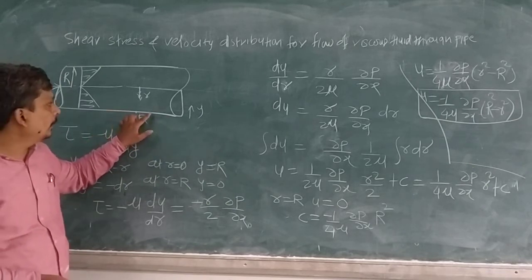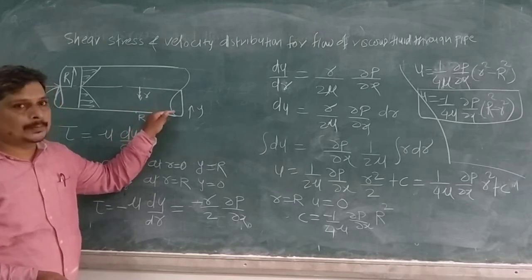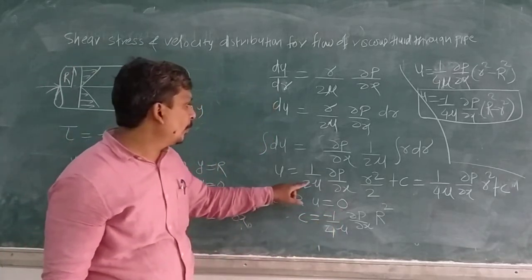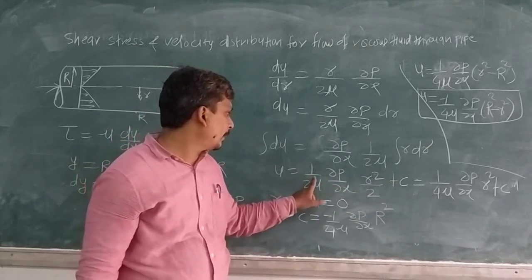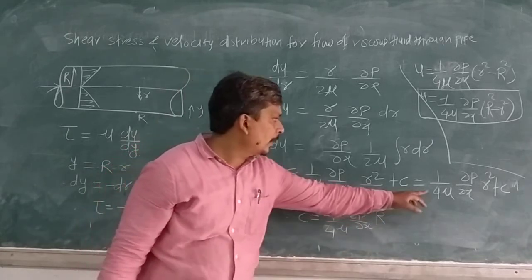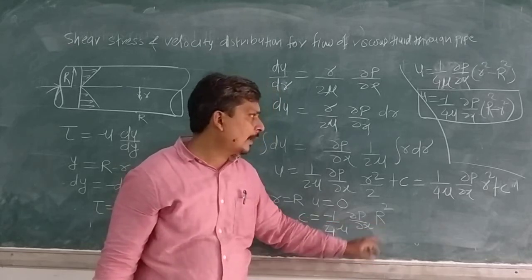Consider the no slip condition: near the wall, the velocity of the fluid is 0. So u equals 0. Putting in this value u equals 0, we get c equals minus 1 by 4 mu delta p by delta x R square.